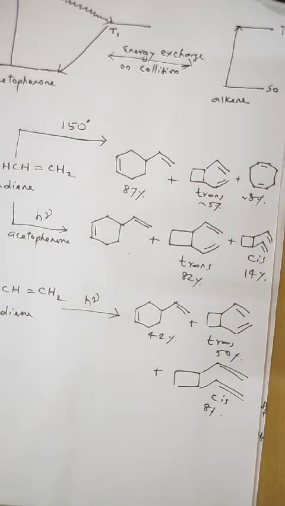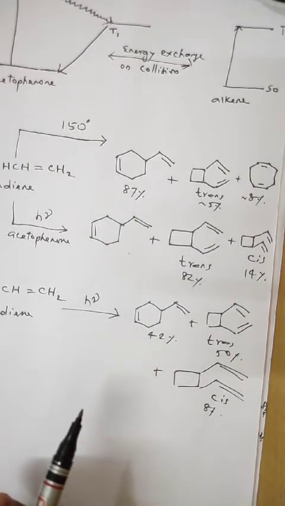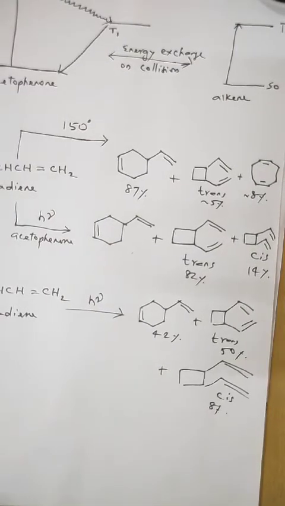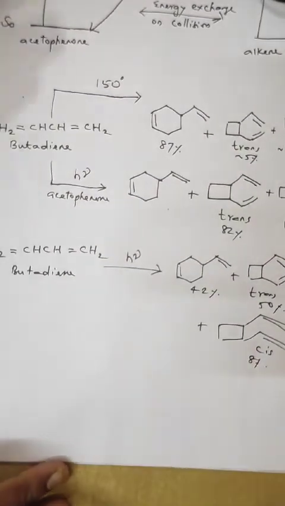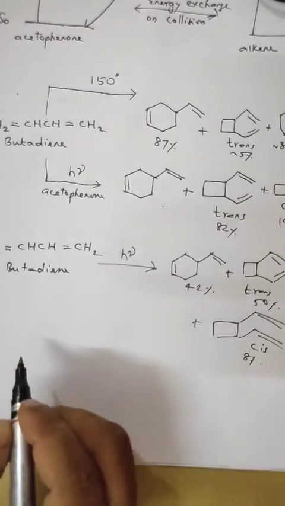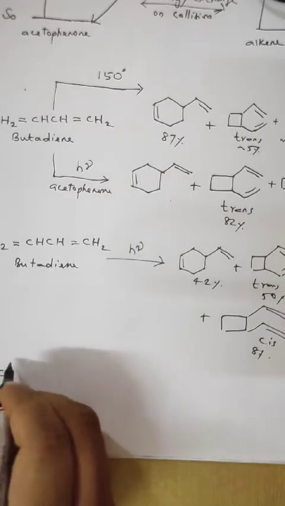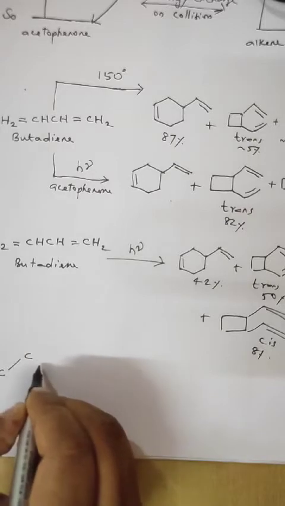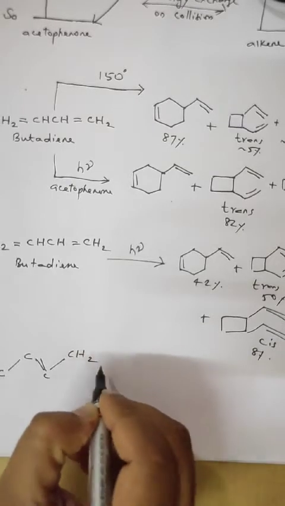And also, a possible explanation of this behavior can be seen from the three resonance structures for triplet butadiene. You can also draw side by side. Hello students, C double bond C, then we have CH2.